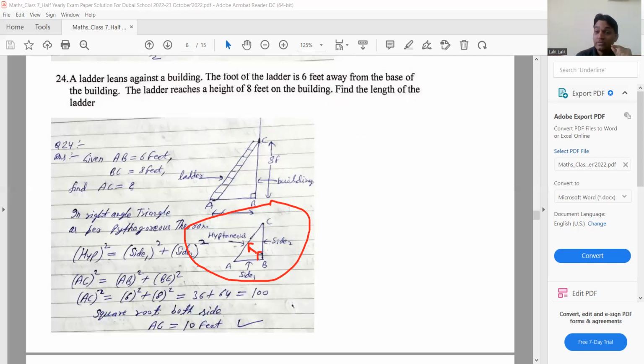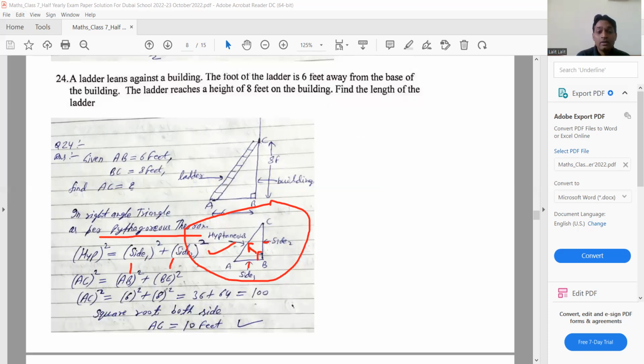One side is the hypotenuse, which is the biggest side of a right angle triangle, and the other two sides I named side 1 and side 2. As per Pythagoras theorem, hypotenuse square is equal to side 1 square plus side 2 square. That's it. So the hypotenuse is AC, which we need to find out. Side 1 is AB and side 2 is BC. AC square is equal to AB square plus BC square.